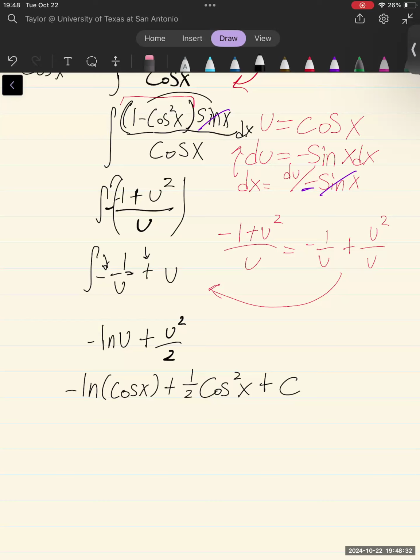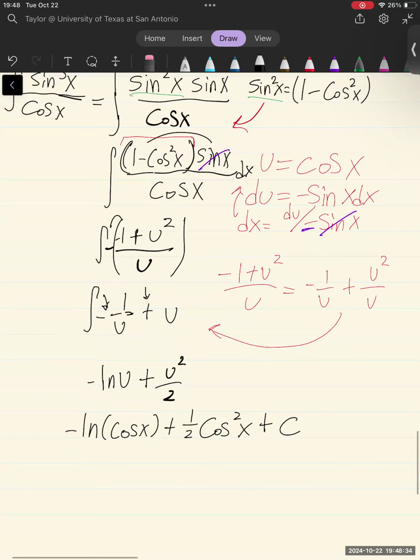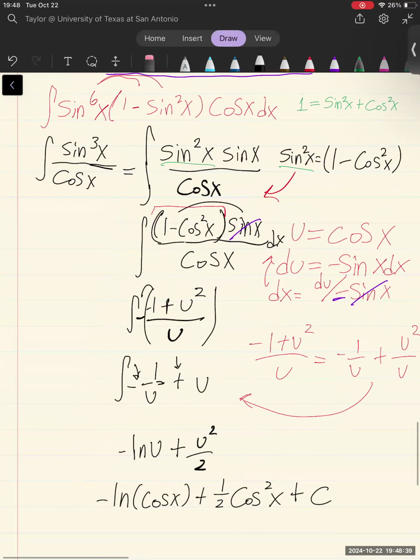Whenever we have any type of quotients inside of an integral, would that typically be our sign to do u sub?